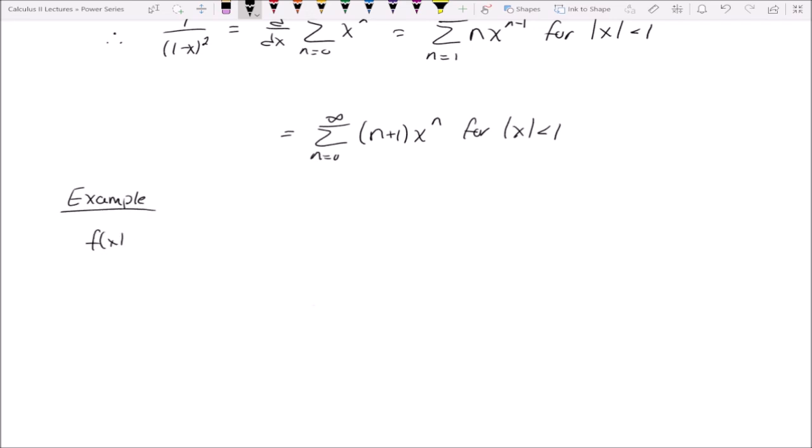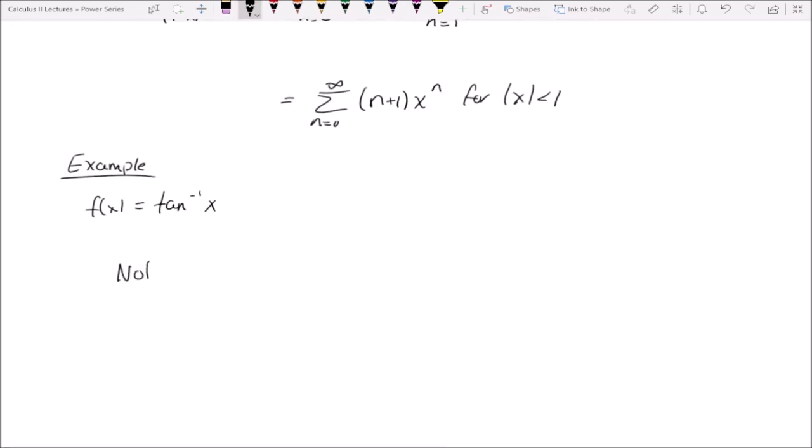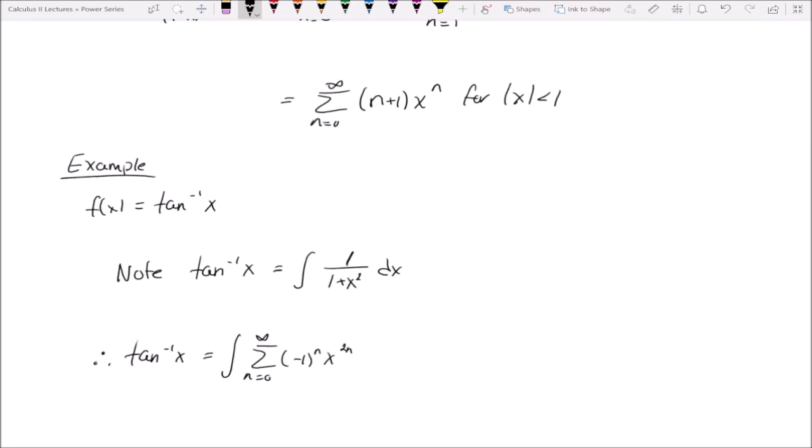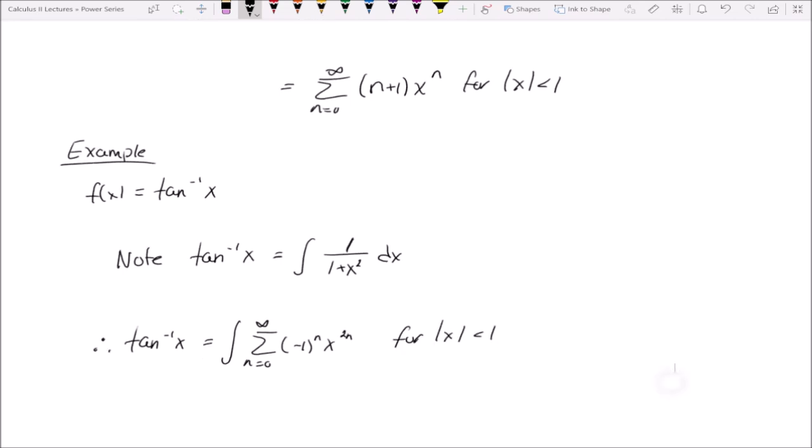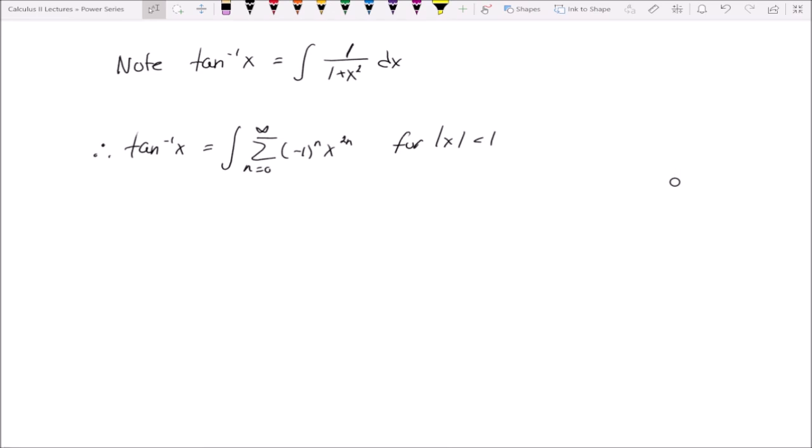Let's look at a series expansion for the inverse tangent of x. Well, note that inverse tan of x is an antiderivative for 1 over 1 plus x squared dx. So what we can say is the inverse tan of x is equal to the antiderivative of this series for absolute value of x less than 1, right?